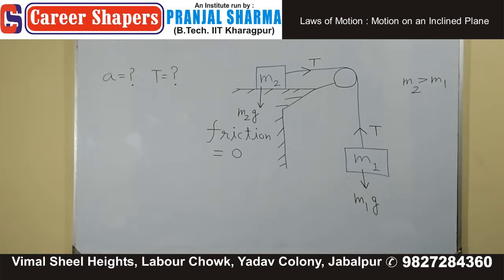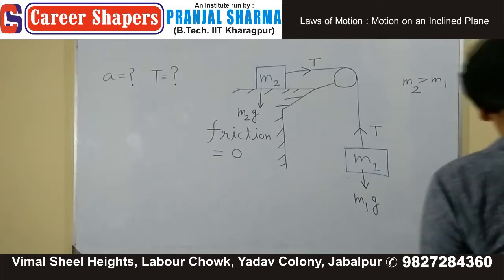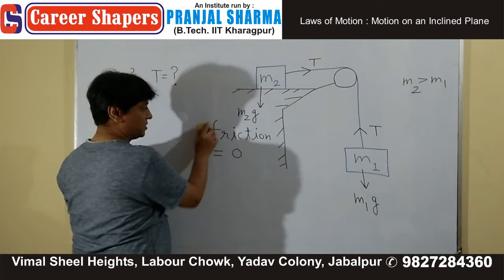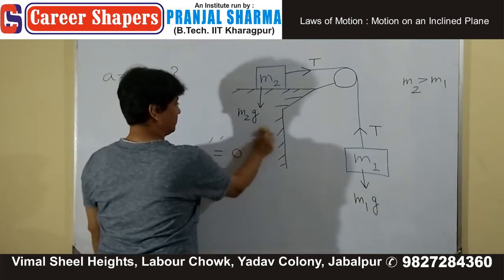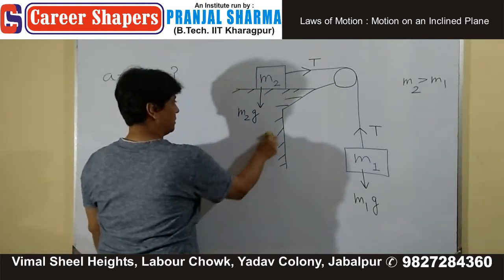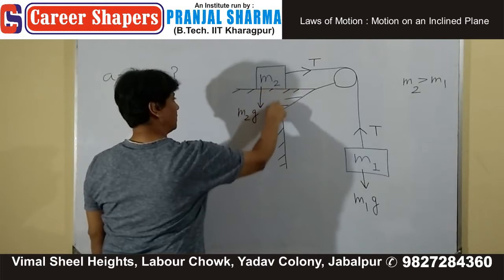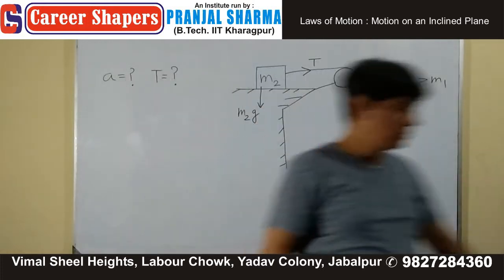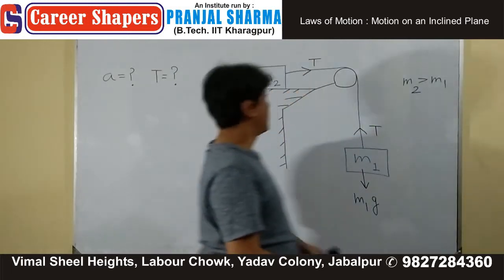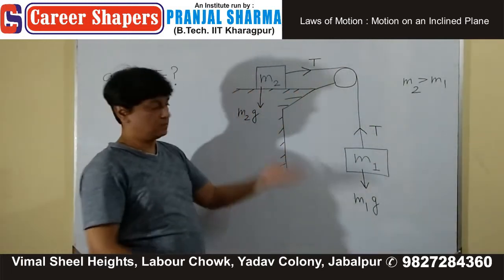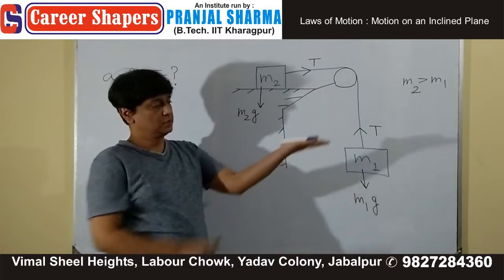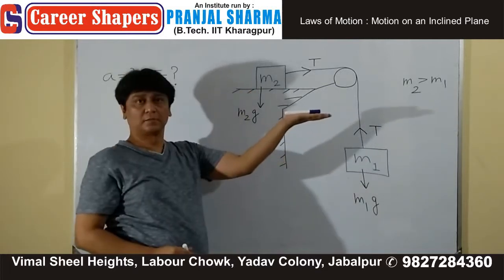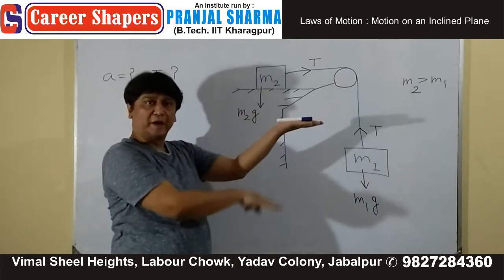Good, that's the answer. Normal reaction force. Remember, there is no friction. This M2 is lying on a horizontal surface like this. But it's not coming down.